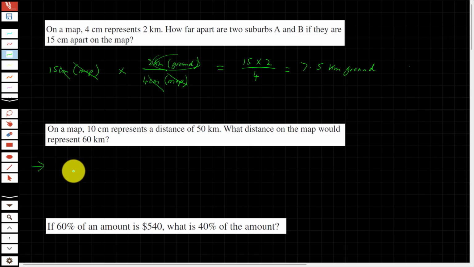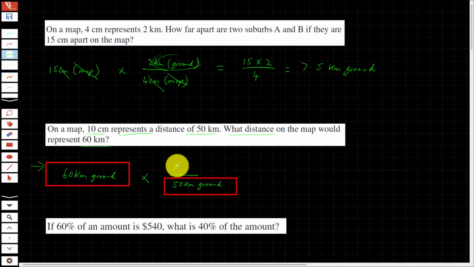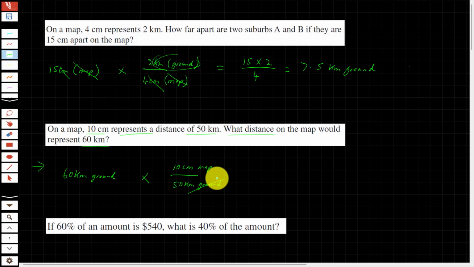This one here, the rate is our 10 centimeters represents a distance of 50 kilometers. That is our rate. We can write that as the fraction, but we need to know how much 60 kilometers represents on the map this time. So we make sure that we put the ground units, 50 kilometers, on the bottom of the fraction, to cancel out with the 60 kilometer ground units on the top there.